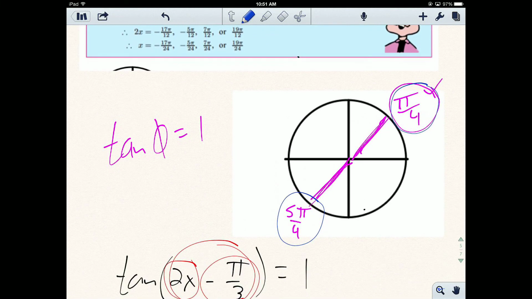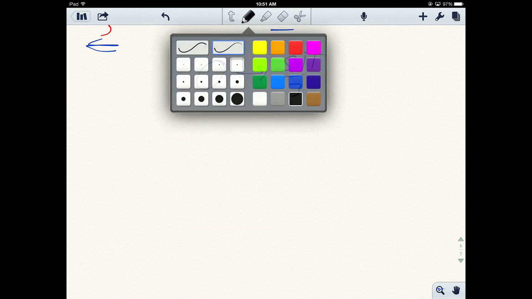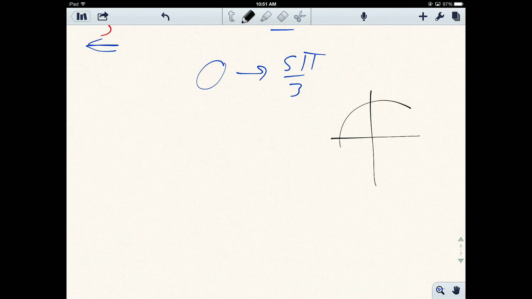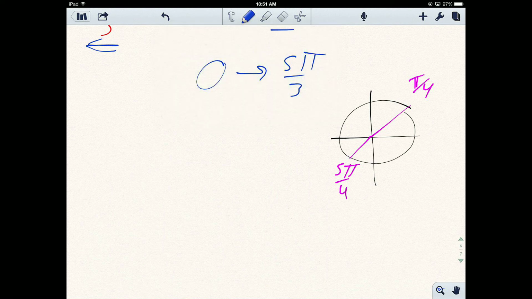Let's do the same thing. I know that this interesting angle happens at pi fourths and at 5 pi fourths. And 5 pi thirds is going to be, here's pi thirds, here's 2 pi thirds, here's 3 pi thirds, here's 4 pi thirds, here's 5 pi thirds.